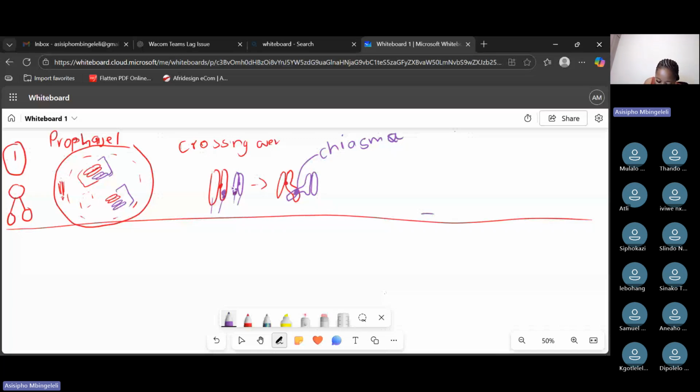So we then end up having something like this. This was the chromatid, the first one, that did not undergo crossing over. It was this one that underwent crossing over. But because of the genetic material that has now been exchanged, it will have a purple over here to represent that it got the genetic material from the father due to this exchange of genes.